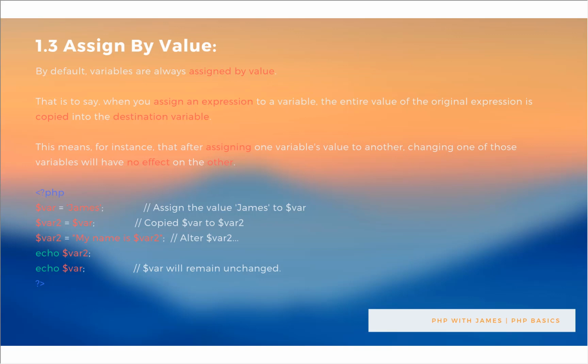We can see it clearly in the example. We have the starting PHP tag, then we have $var equals to James. Here we assign the value James to $var. Next we have $var2 equals to $var. Here you can see that we just copied $var to $var2. Now the third line is interesting: we have "my name is $var2".